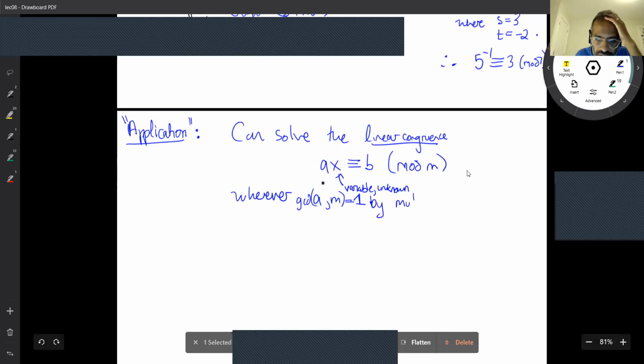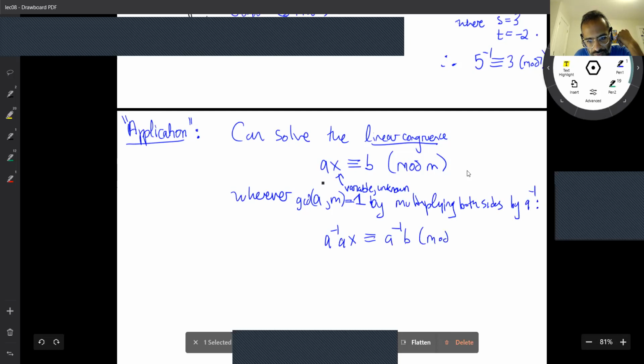By multiplying both sides by A inverse, you get another congruence: A inverse AX is congruent to A inverse B modulo M, but this is just congruent to X. So you don't find what X is uniquely, because there's no unique solution.